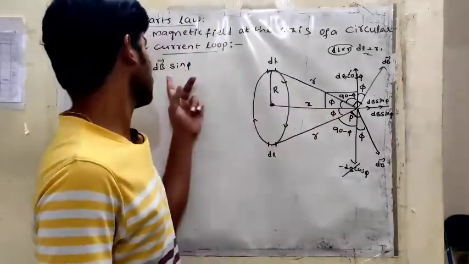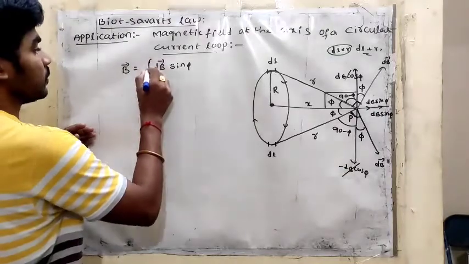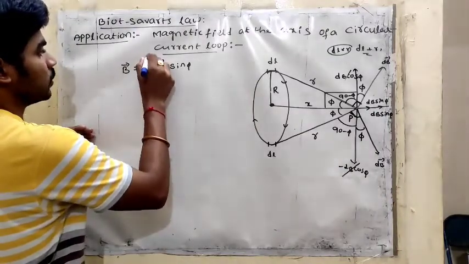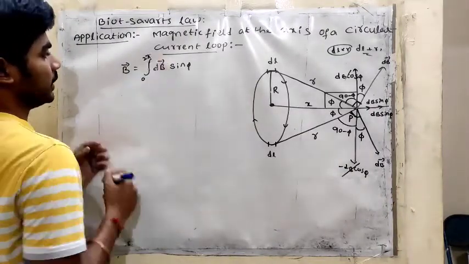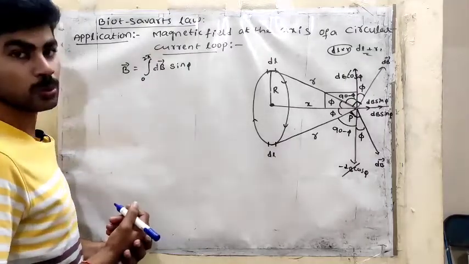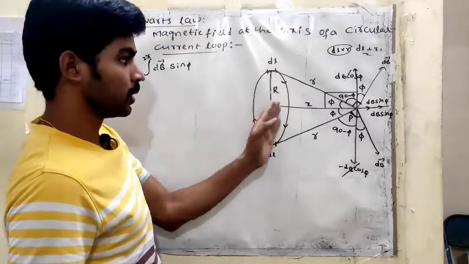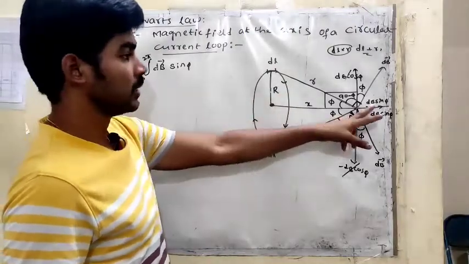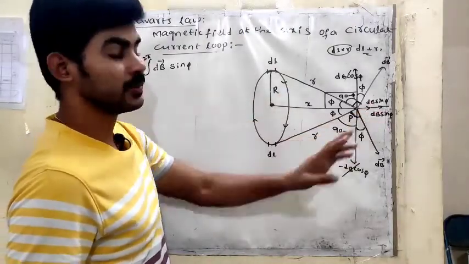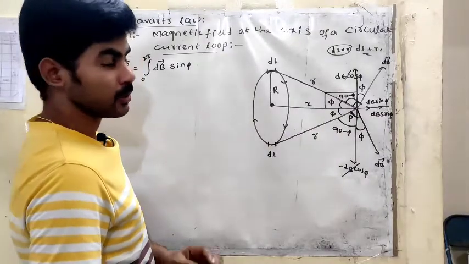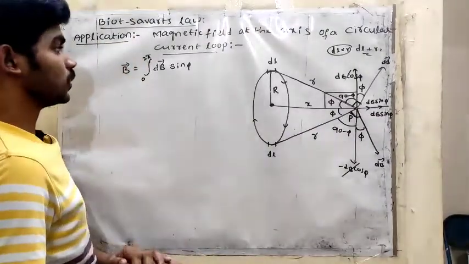So I am taking the full value here, with angles 0 to 2 pi. The circular total angle is 360 degrees, so one is given 0 to pi and the second is given pi to 2 pi. Instead of that, I simply take 0 to 2 pi.